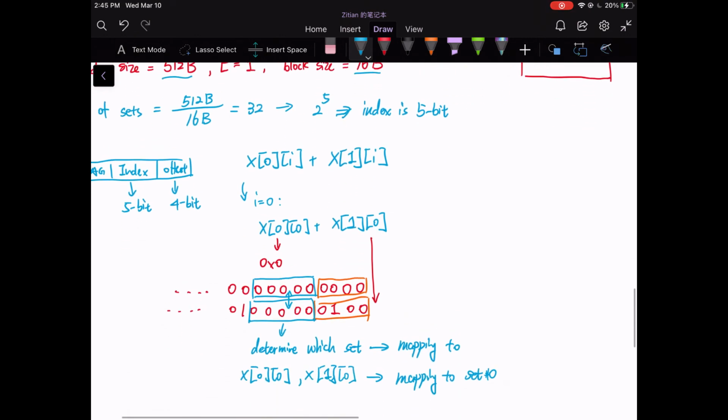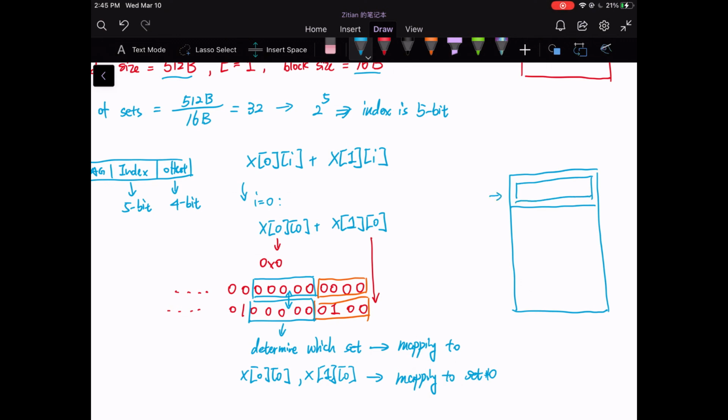So in terms of a graphic illustration, by the way, there's only one line inside set 0.